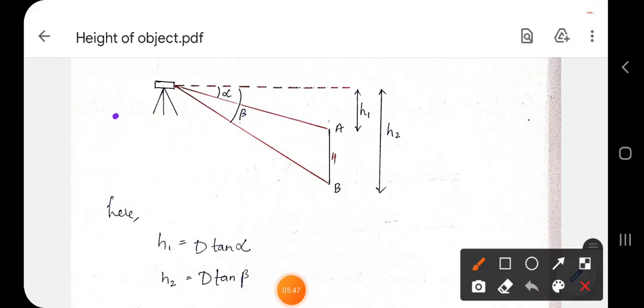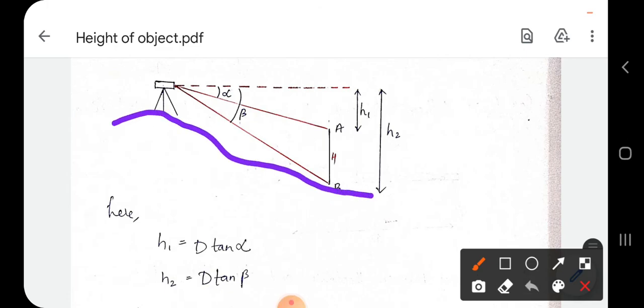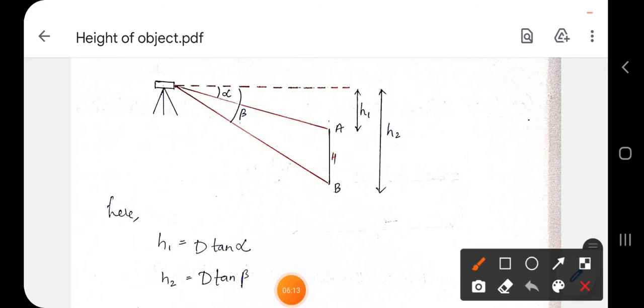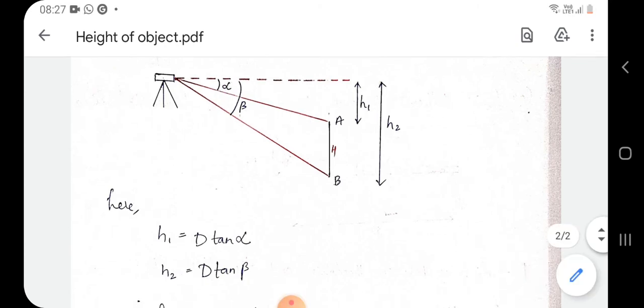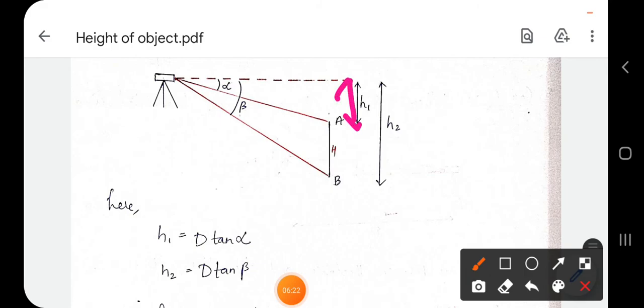So here the ground will be like this, and the object is here on the ground, and we have to find the angle towards the top of the object A and towards the bottom of the object B. Towards the top we got the angle alpha, and towards the bottom we got the angle beta, and using this we can find h1, the height of the point A from the horizontal, and h2, the height of the point B from the horizontal.